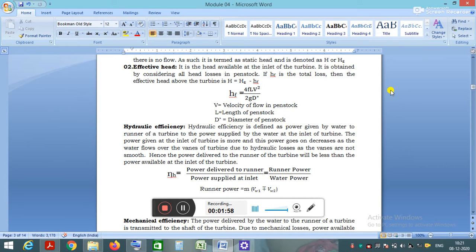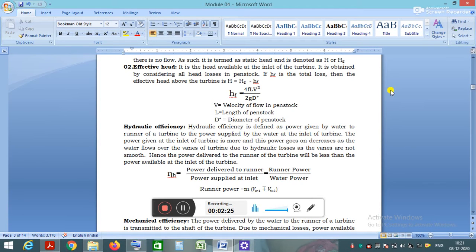There will be some hydraulic losses. Due to this, the power available at the runner is always less than the power which is available at the outlet of the nozzle. The ratio of power delivered to the runner to the water power is called hydraulic efficiency.